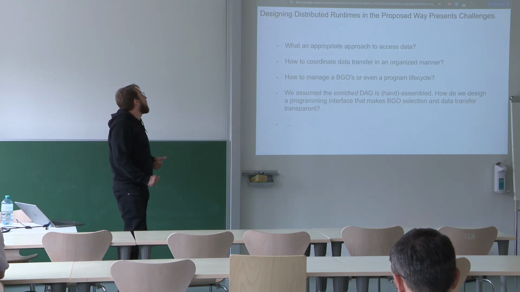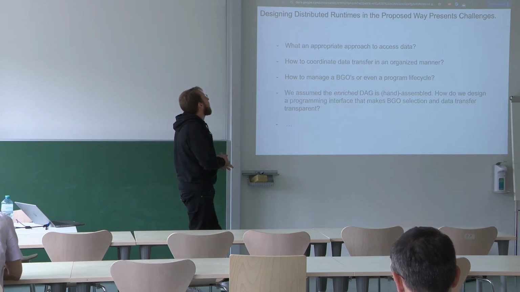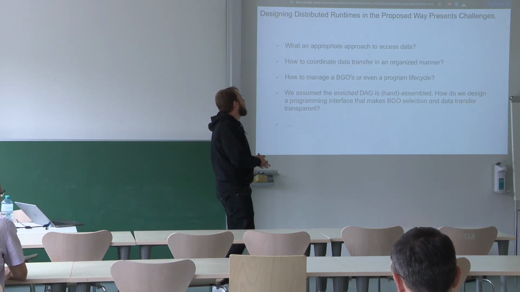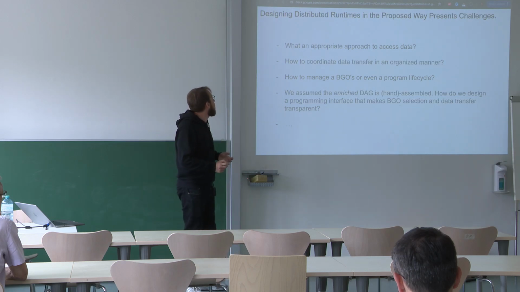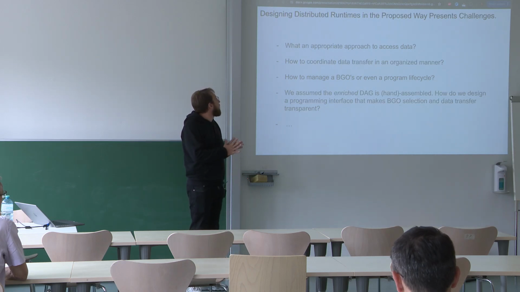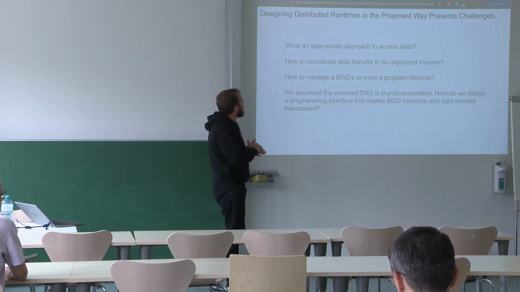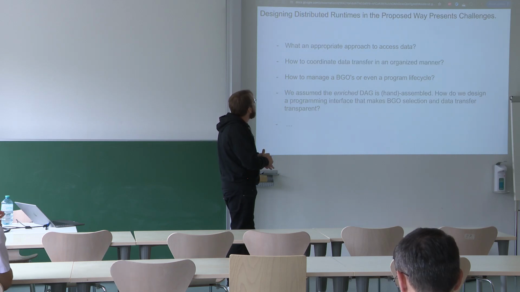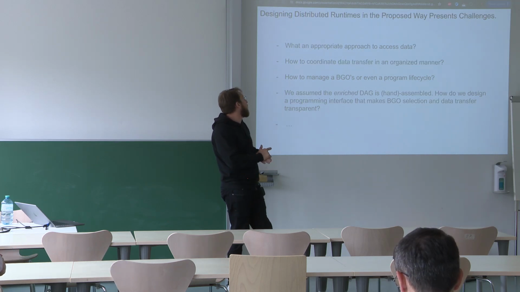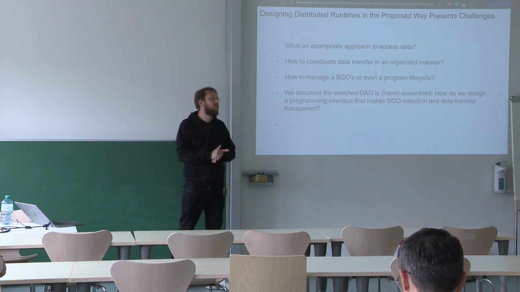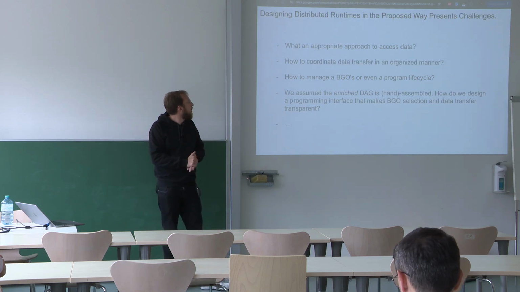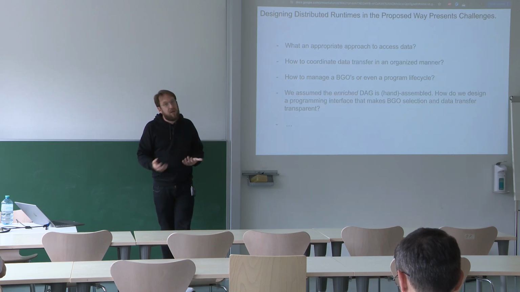So designing a distributed runtime in the way I've just presented, and that was very simplified obviously, leaves a couple of questions. What is an appropriate approach for accessing data? How to coordinate data transfer in a more organized manner? How to manage BGOs or even the life cycle of an entire program?